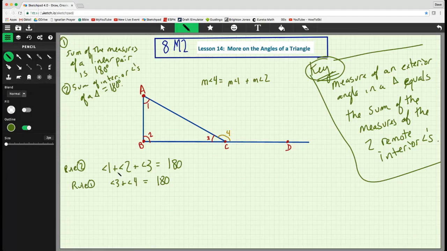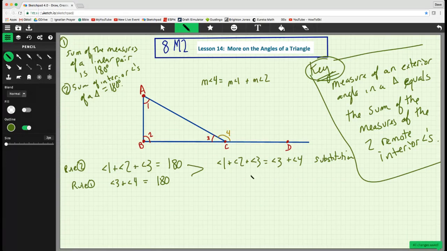So let's combine these. I'm just going to use substitution. If this is 180 and this is 180, then they must both be equal to each other. So angle 1 plus angle 2 plus angle 3 equals angle 3 plus angle 4, and that's by substitution.